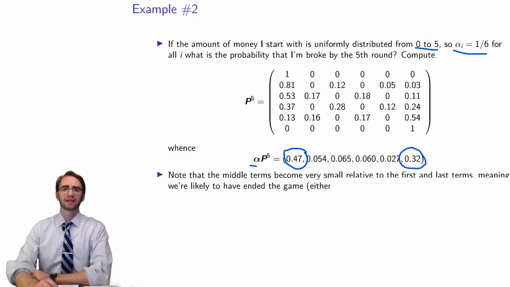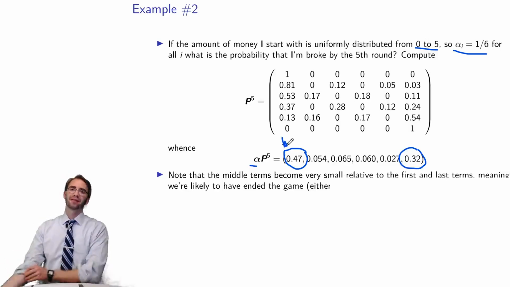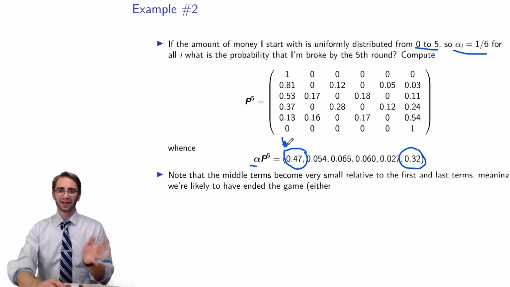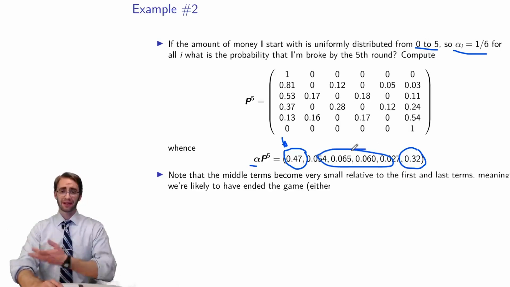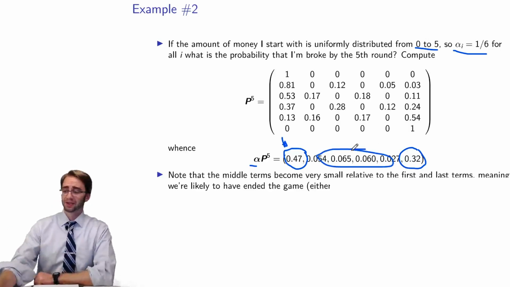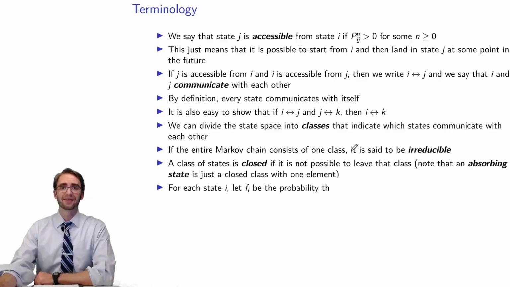And what that tells you is that you're likely to have ended the game by the 5th round. The large numbers here tell you the game is probably over by round number 5. You might have won, you might have lost. But in any event, you have these very small probabilities within the middle. It's very unlikely that the game will still be going on. And that's what's reflected in that vector.